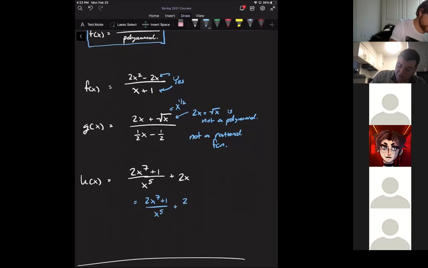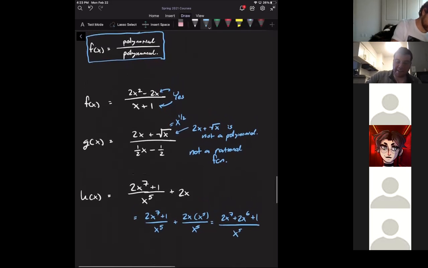So that would be doing 2x times x to the 5th divided by x to the 5th. And then when we have that common denominator, we can add them together. So we get 2x to the 7th plus 2x, the x and the x to the 5th become x to the 6th, plus 1 over x to the 5th.